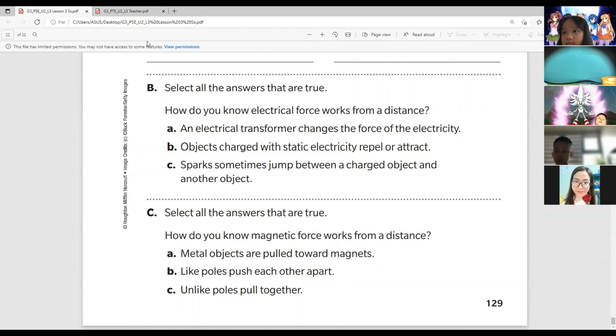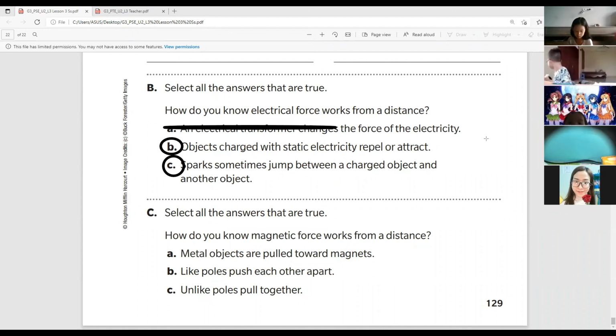And then who can give me, there's one more. Scart, what did you answer? So for B, there's one more correct answer. We have C. Did you get anything else, Scart? A is not correct. An electrical transformer changes the force of the electricity.